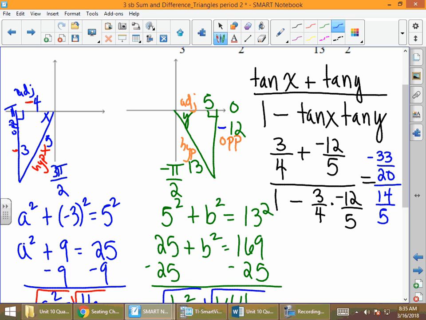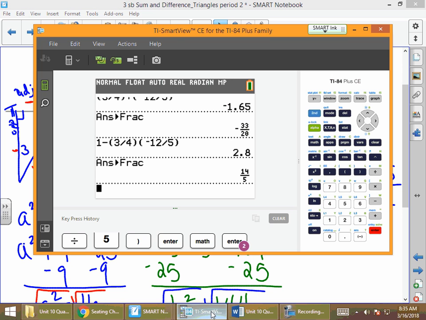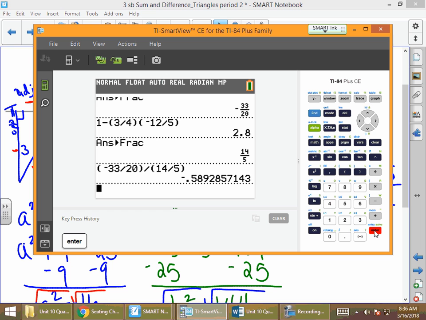And then lastly, what we can do is we can divide. So again, on a calculator that doesn't have a fraction button, you have to type in the negative 33 divided by 20, then divided by 14 divided by 5. And you could probably use the decimals there.